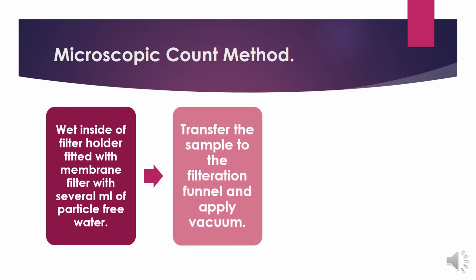Then you have to transfer the sample to the filtration funnel, and then apply the vacuum to filter your product. Whatever the vial or the ampule content you are going to check, you have to filter it through that filter paper, and apply the vacuum for assistance.